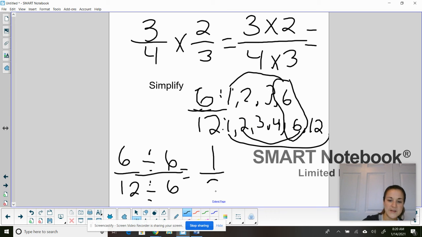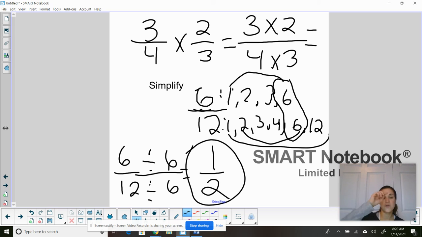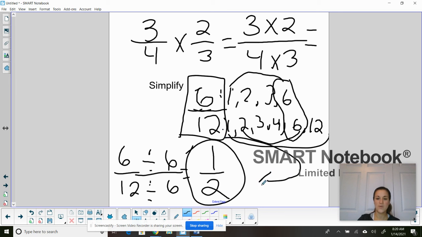So 12 divided by 6 is 2. Your answer is 1/2. So 3/4 times 2/3 is 1/2. You could have put 6/12. I'm not going to mark that wrong. That is correct. But I would like you to start trying to simplify, and simplifying would be 1/2.